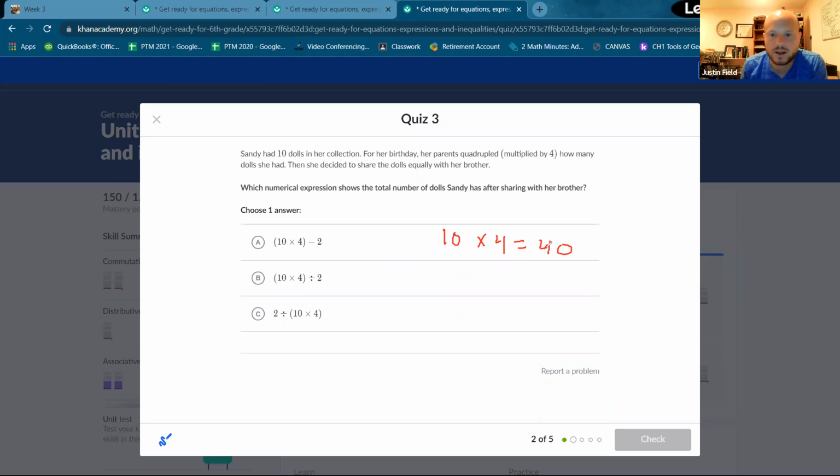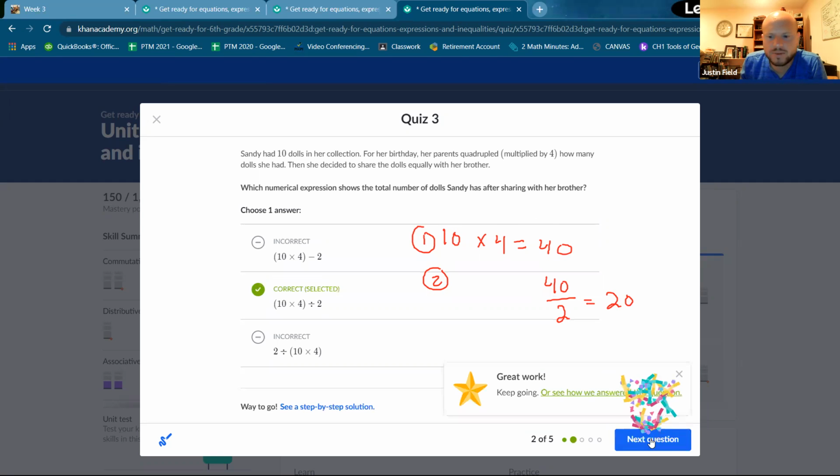So then she had 40, right? And then she shared equally with her brother. That's her and her brother. So we're going to be dividing into how many equal groups? 2, right? So that's 40 divided by 2. This is step 1, quadrupling. Step 2, sharing with brother. And so they each get 20. So which one? That would be this one, right?